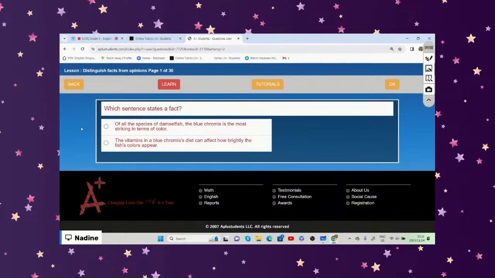So it's either, of all the species of damselfish, the blue chromis is the most striking in terms of color, or the vitamins in a blue chromis diet can affect how brightly the fish's color appears.